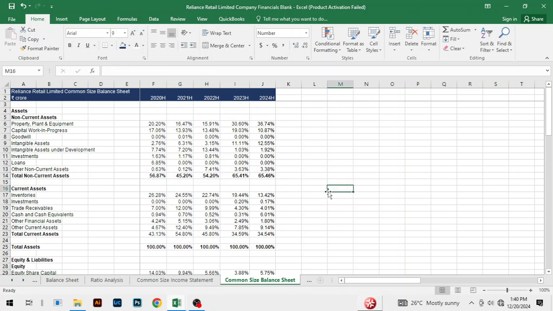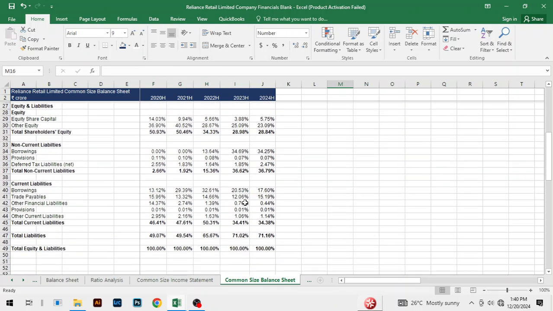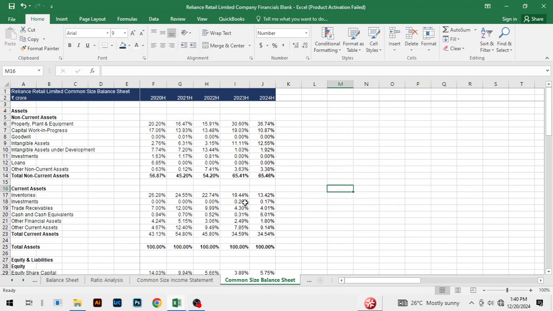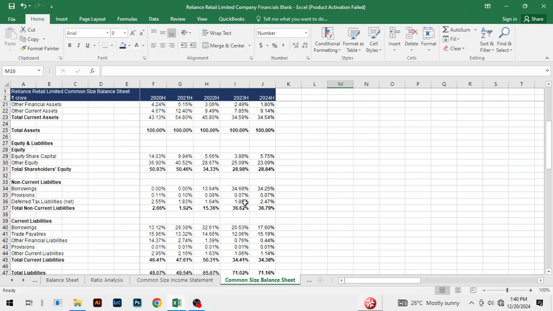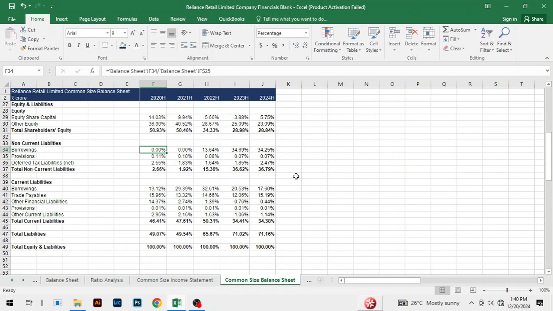Perfect. So now we can easily identify trends, and track even debt patterns, like here, borrowings. In 2020 and 2021, the company didn't take any long-term debt. It took long-term debt from 2022 until 2024, and it's been taking on more long-term debt.